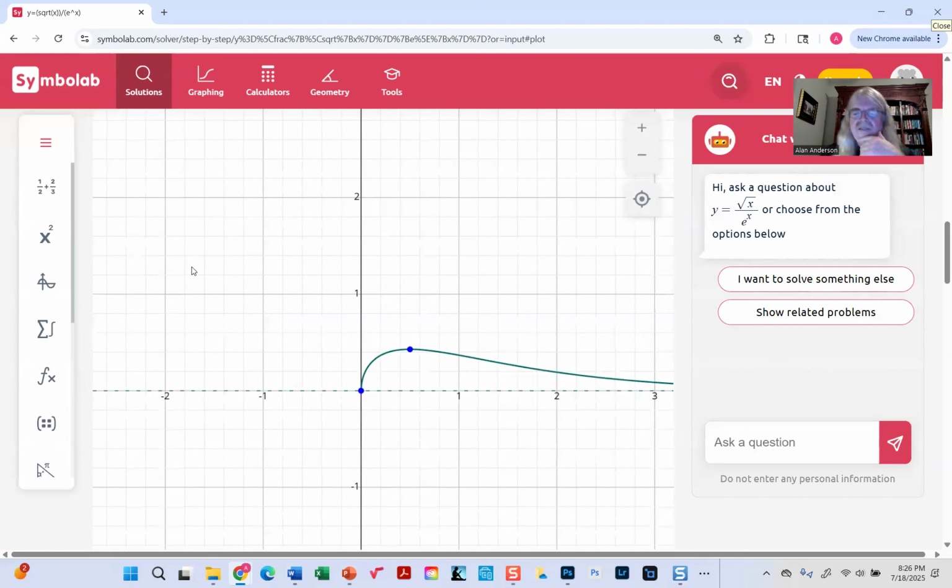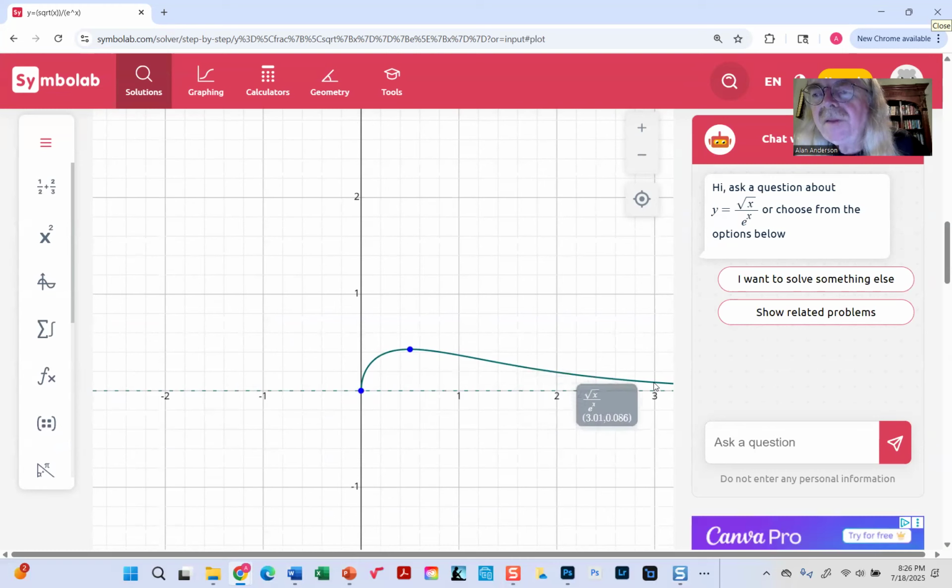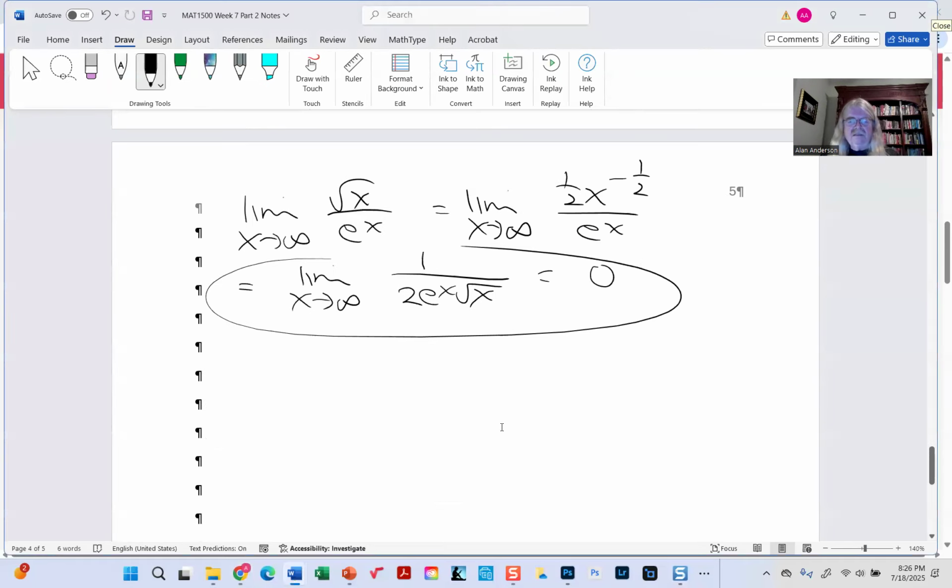Yeah, another one of these. All right, you can see as we move to the right, as x increases, the curve is declining, and according to the dashed line here, the horizontal axis is an asymptote, which means that the limit as x goes to infinity must be zero.